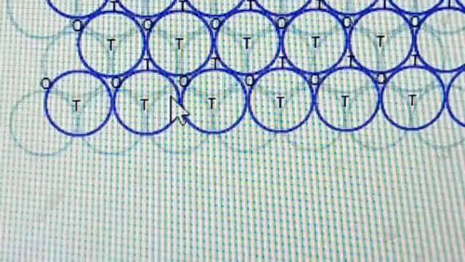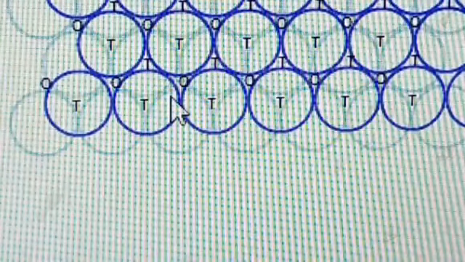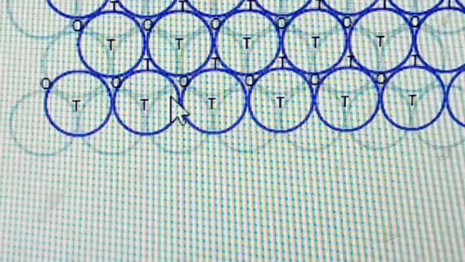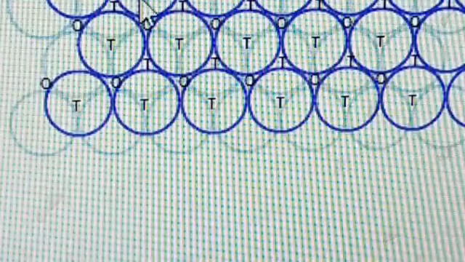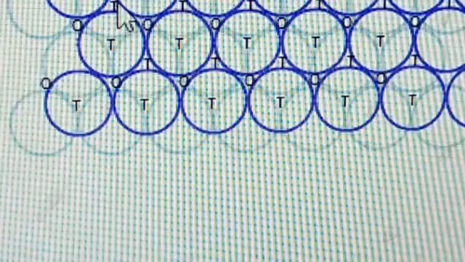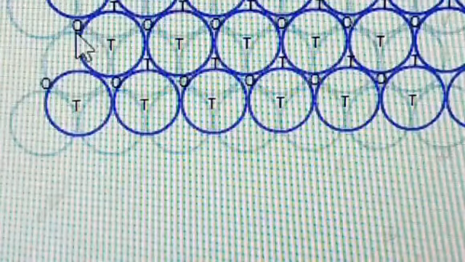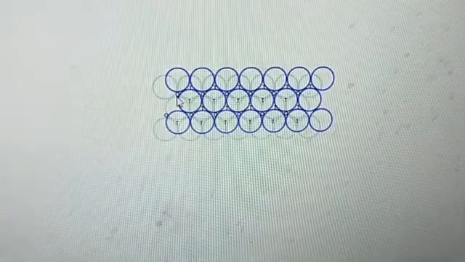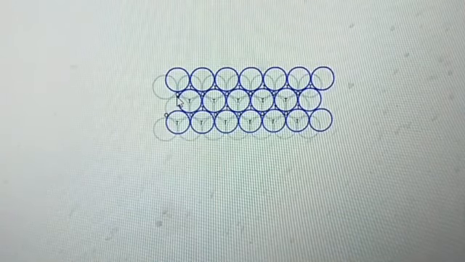So we call them octahedral voids. So in this type of arrangement, placing the second layer over the first layer, we get two types of voids: tetrahedral voids and octahedral voids. Here T means tetrahedral voids and O means octahedral voids.